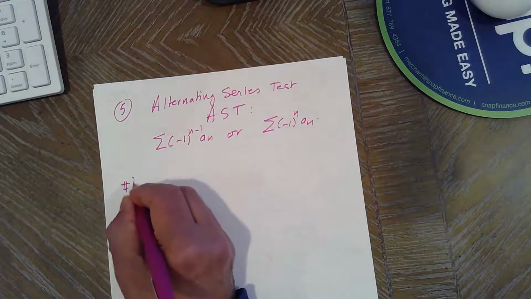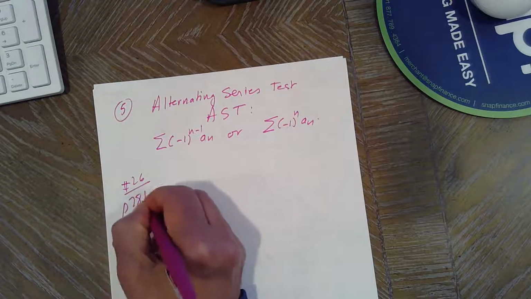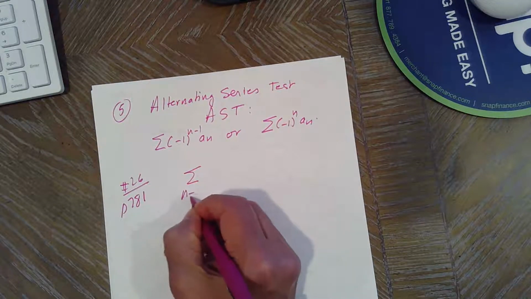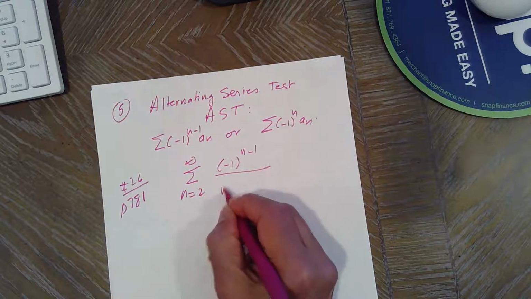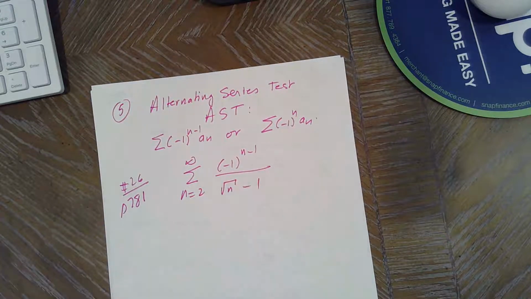So number 26, page 781, sigma n equals 2 to infinity of negative 1 to the n minus 1 over the square root of n minus 1.